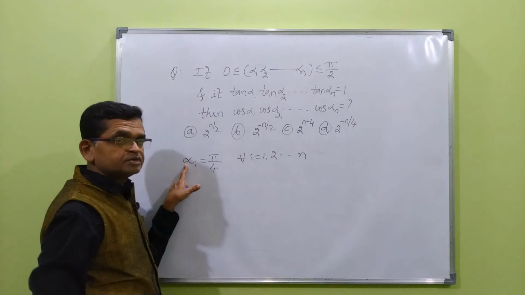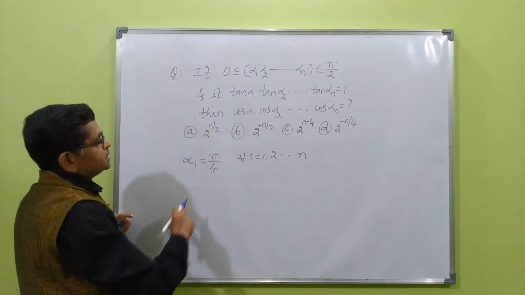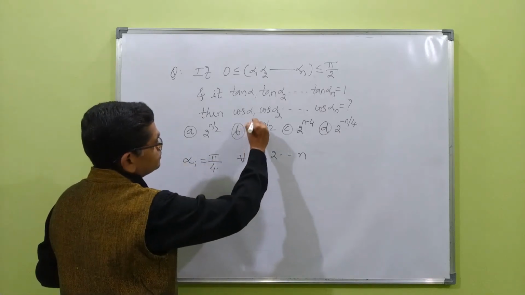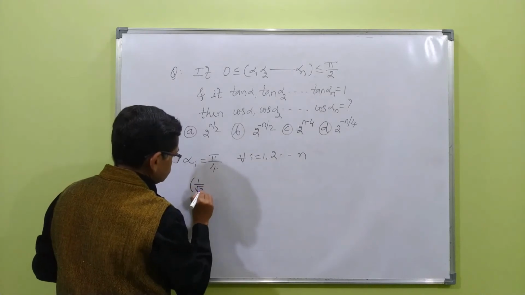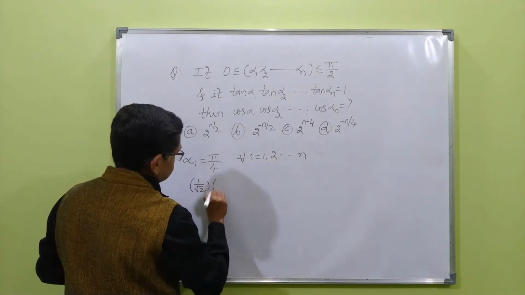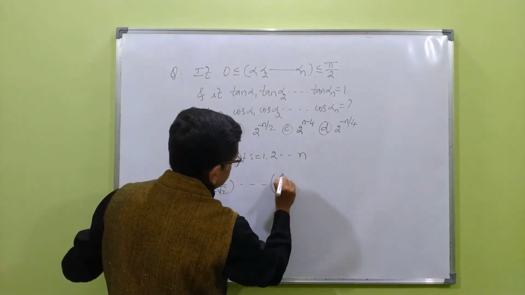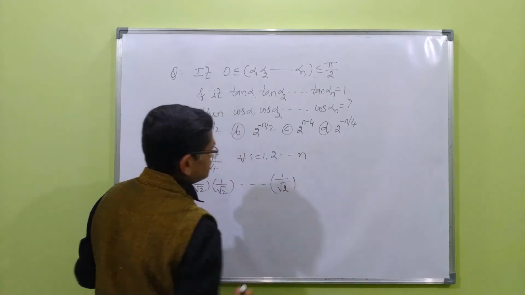That means alpha 1 is equal to pi by 4, alpha 2 is equal to pi by 4, like that. So cos pi by 4, cos pi by 4, cos pi by 4. So that is 1 by root 2 into 1 by root 2 so on up to 1 by root 2, n times.